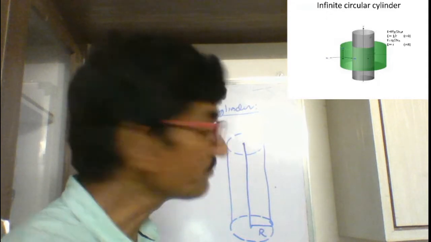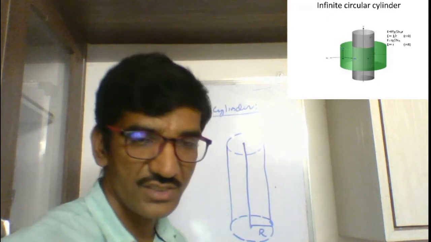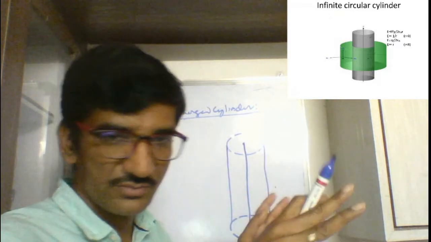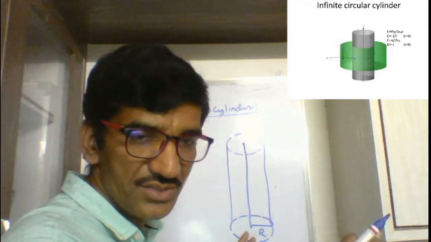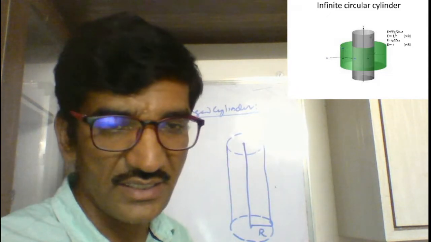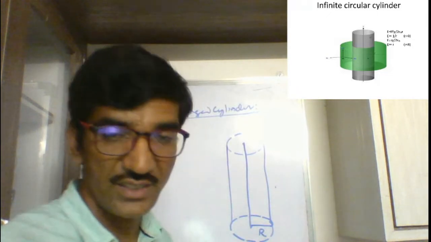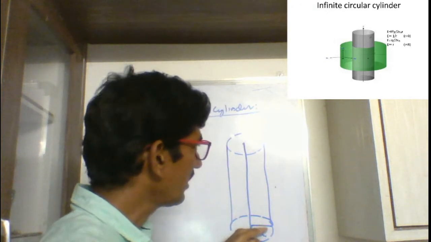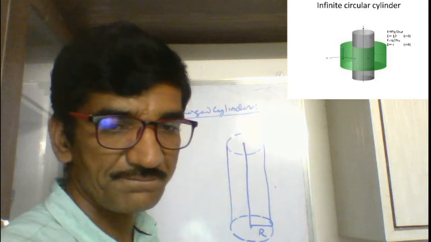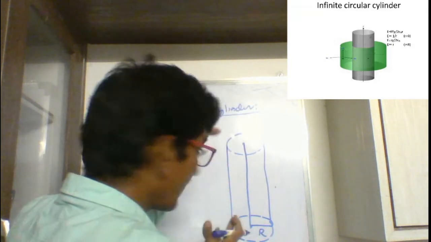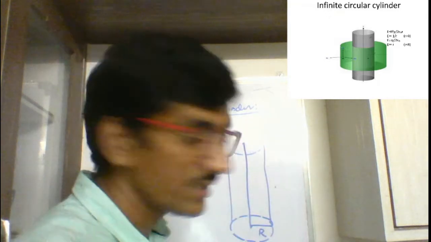Now your charge is uniformly distributed along its volume. Charge is uniformly distributed over this cylinder. It is not lying on the surface only. That you have to note. Here it is all R. Here also the base radius will be R. This is the height. Height is going to infinity.